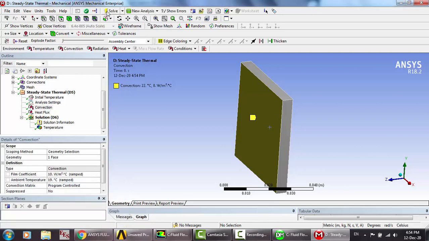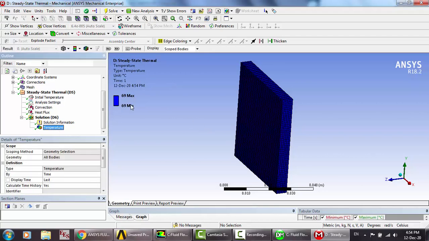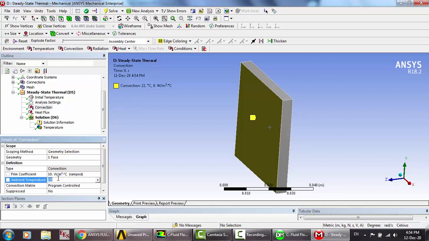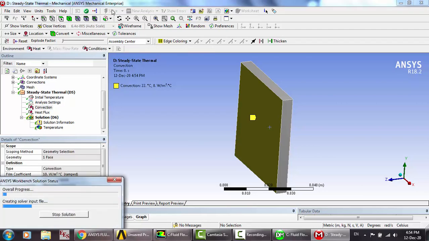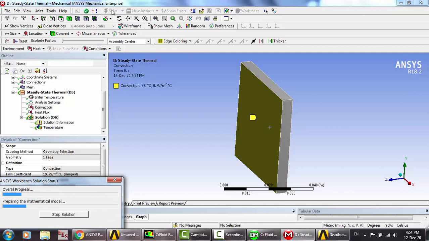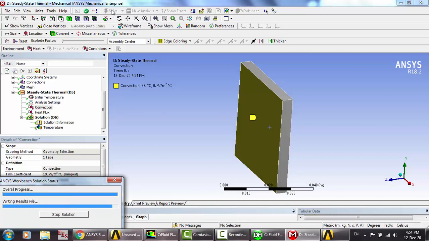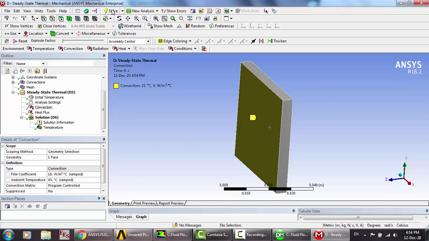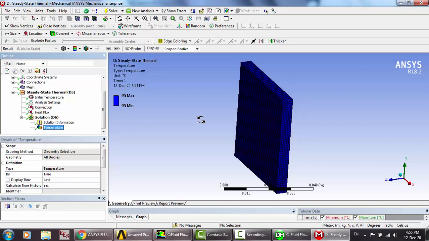That's why lots of people have very big confusion. We have here 69. Okay, if we increase this to 45, the temperature, of course, will increase. So, of course, it's 95.